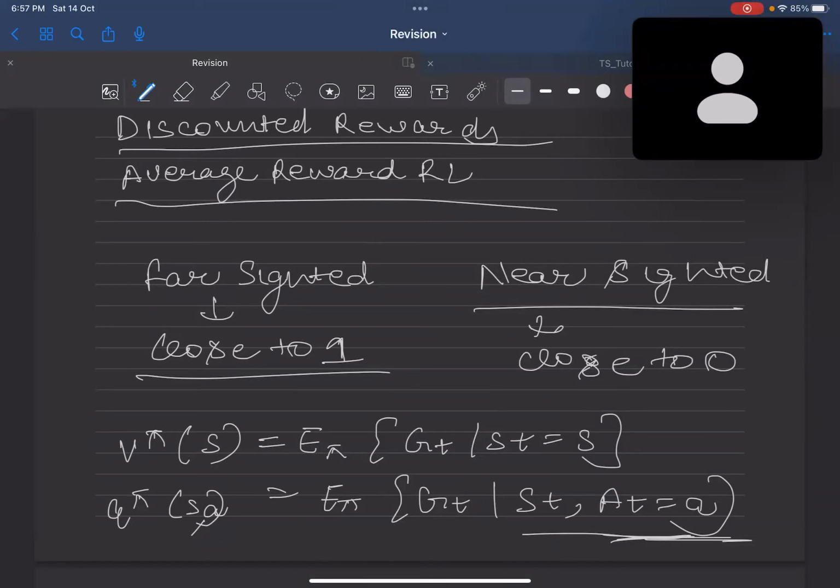Can I say V star of S? No. V star means optimal policy. But normally, if you don't, but no. See, in some books, they don't put any superfix of pi. But without pi, we cannot calculate value of state, value functions, right?